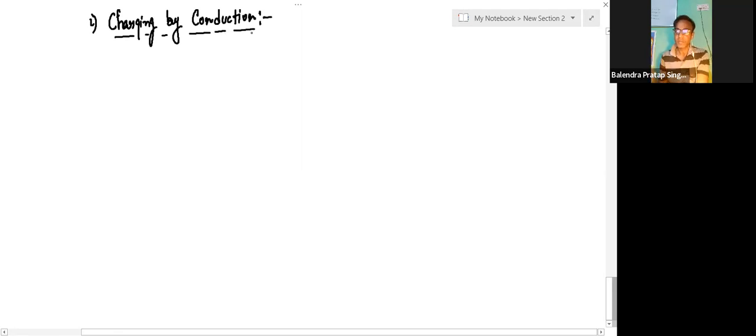Charging by conduction. When we put two bodies in contact, one is a charged body and another is an uncharged, or discharged, body.